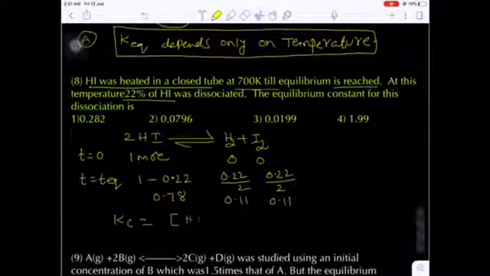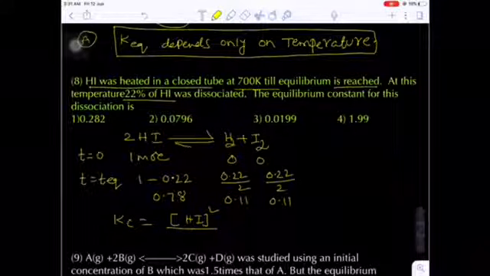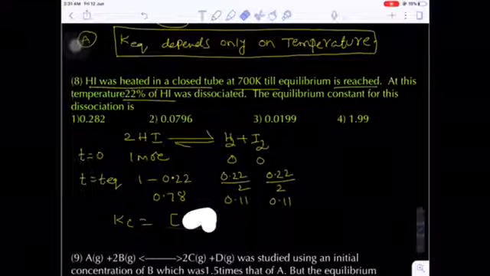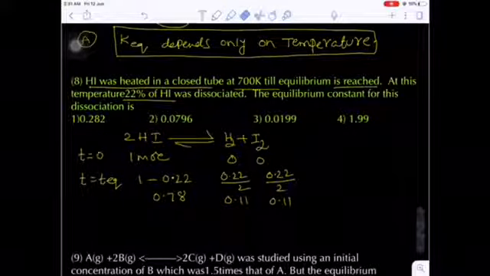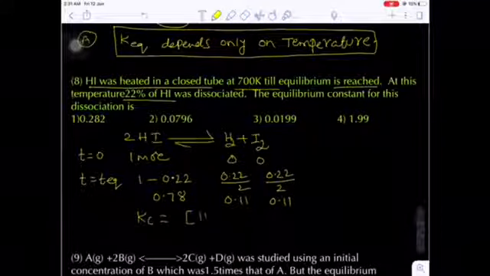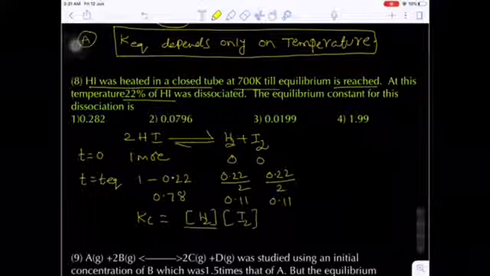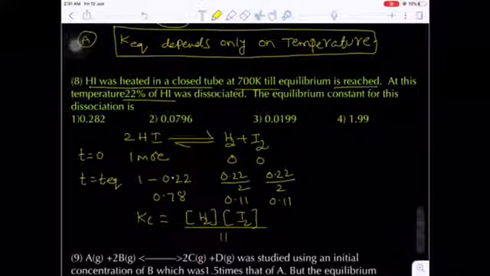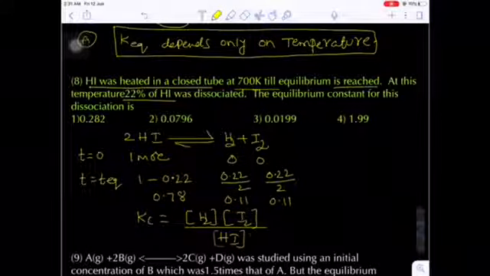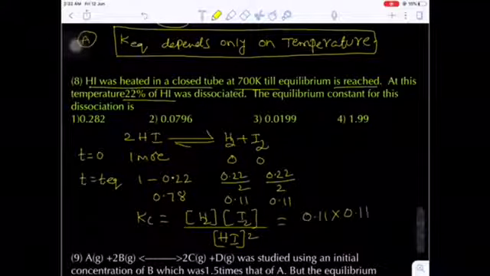Now we have to calculate Kc. Just write Kc is equal to the concentration of H2 multiplied by the concentration of I2, whole divided by the concentration of HI whole square. Yes or no? Now what is the concentration of H2? 0.11.